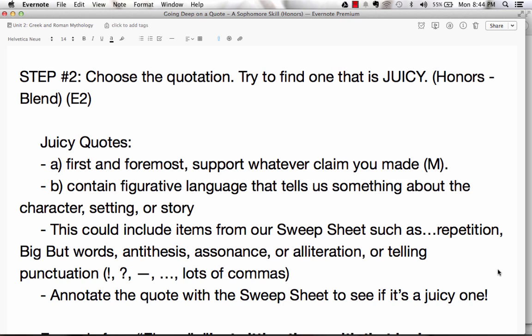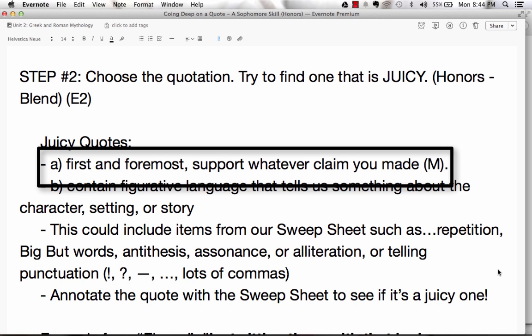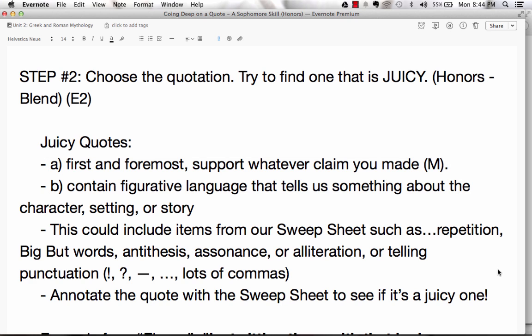Well, first and foremost, and this applies to any quote that you'd use in a paper, you want to make sure that it's going to support your claim, that it goes with your claim. You say that Rachel's not confident. The quote that you use better show that she's not confident. But that's not necessarily what makes it juicy. That just is what makes it a piece of evidence.